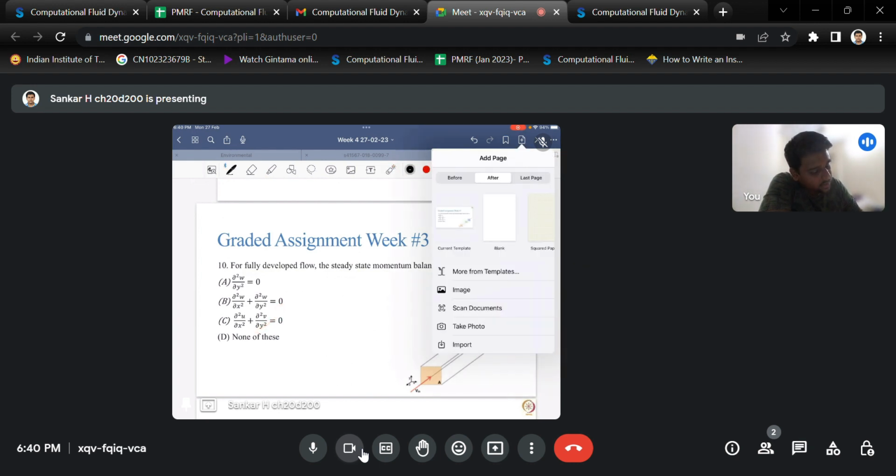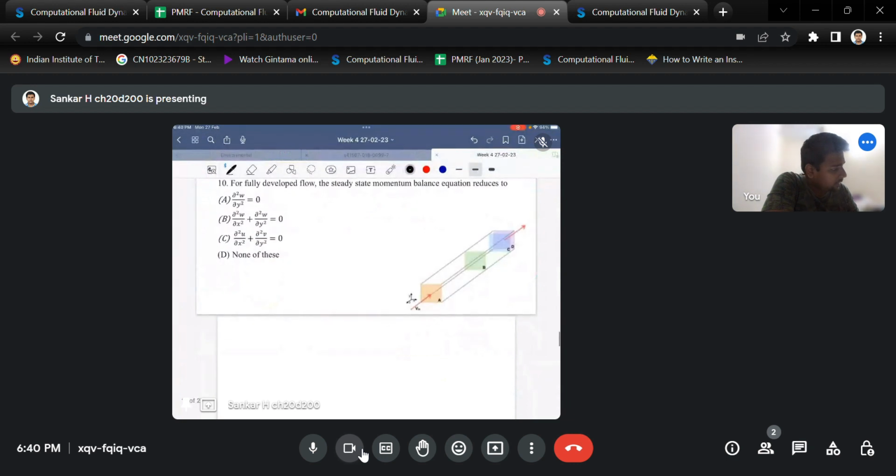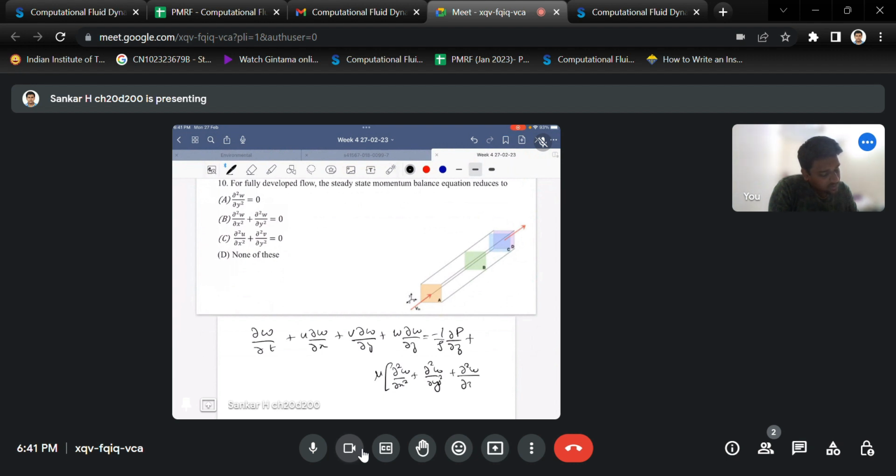We saw that the steady state momentum balance equation, let's assume it's in the w direction, is given by dou w by dou t plus u dou w by dou x plus v dou w by dou y plus w dou w by dou z should be equal to minus 1 by rho dou p by dou z plus mu into dou square w by dou x square plus dou square w by dou y square plus dou square w by dou z square.